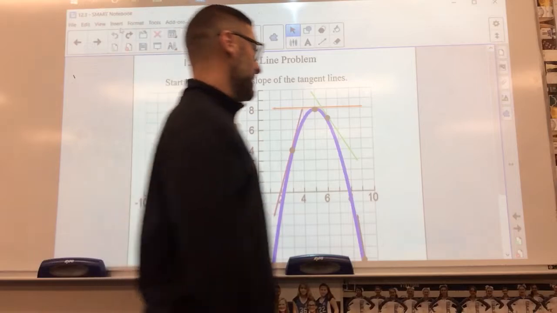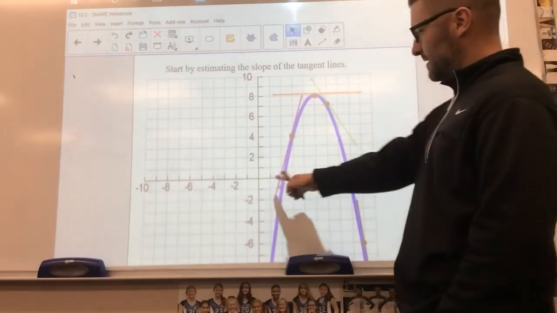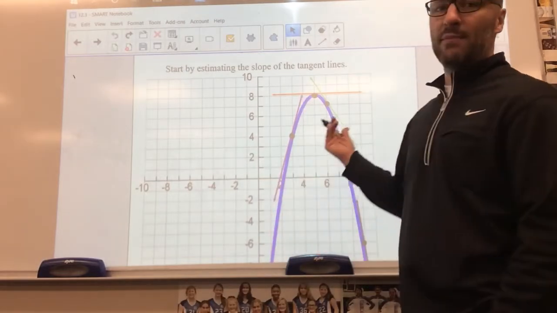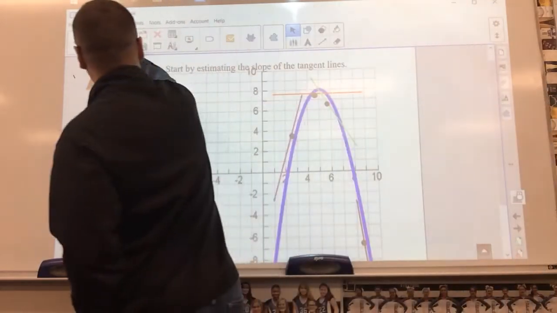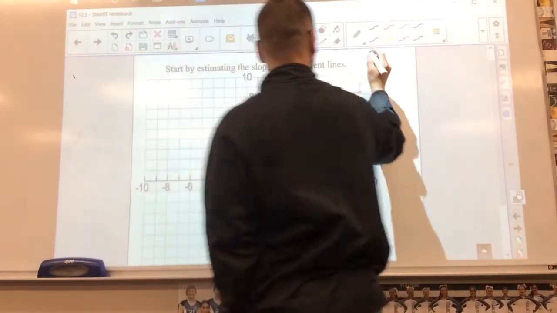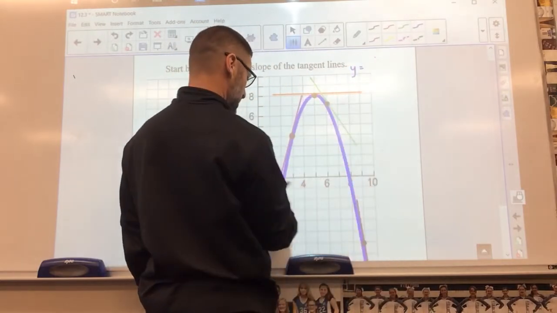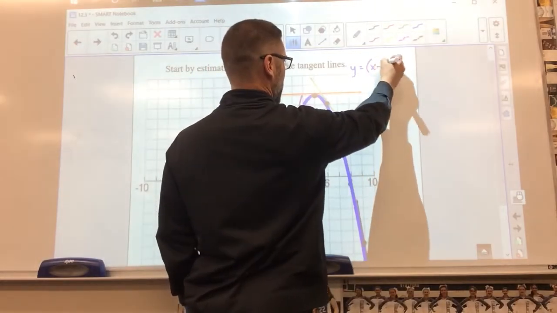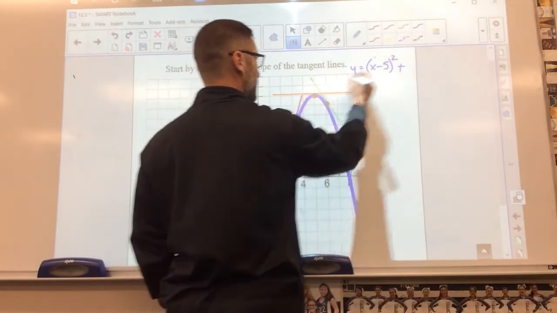So what I have here is I have a start. I have a y equals x squared graph. It looks like the vertex got moved over to 5 and up to 8. So we could come up with the equation of this parabola. It would be y equals, and I went over 1, 2, 3, 4, 5, so x minus 5, squared, plus 1, 2, 3, 4, 5, 6, 7, 8, plus 8.